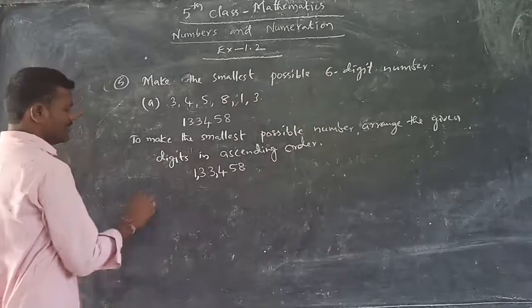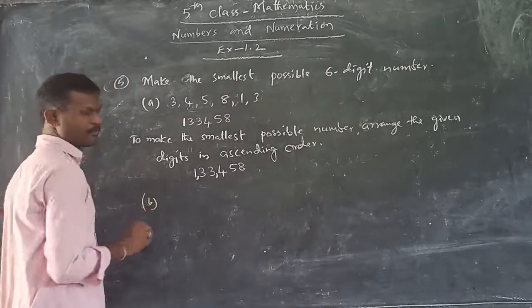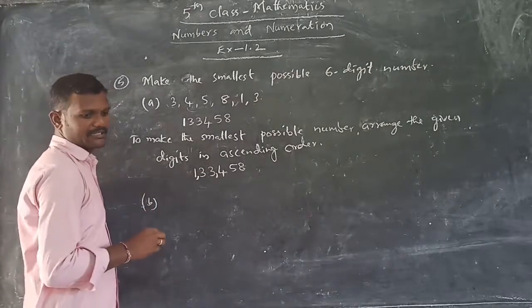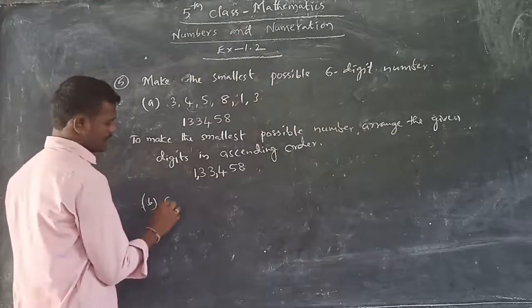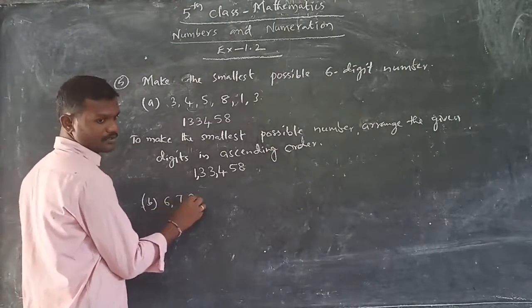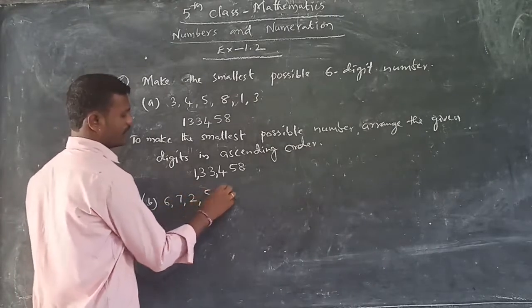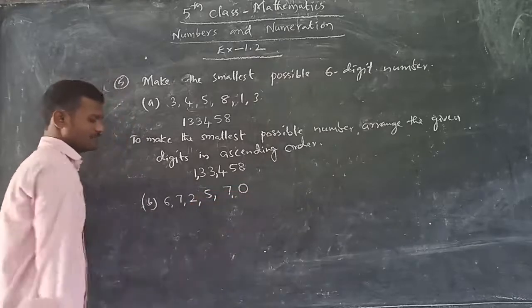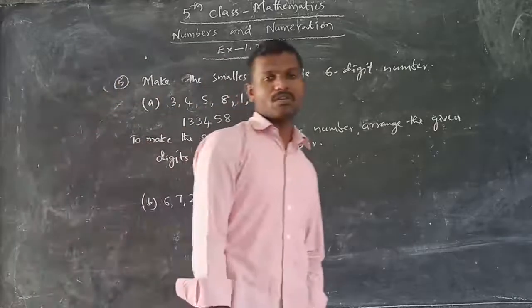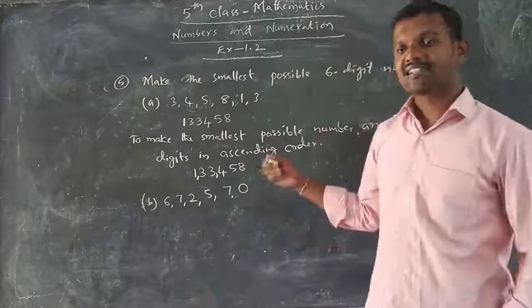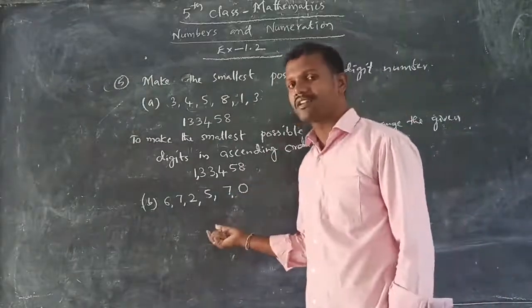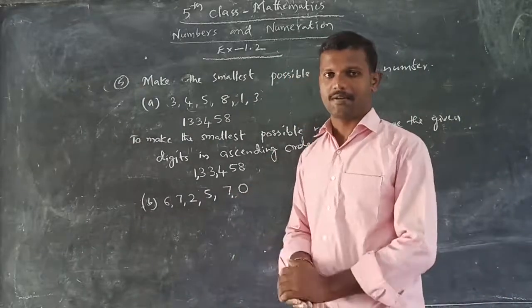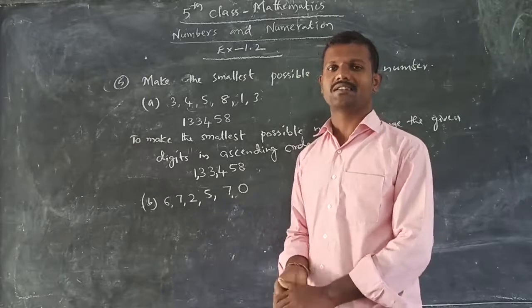Okay. Now in the same bit there is another problem. B is there. What are the digits given in that? 6, 7, 2, 5, 7, 0. These are given. Now make the smallest 6 digit number here. How can we make the smallest 6 digit number?